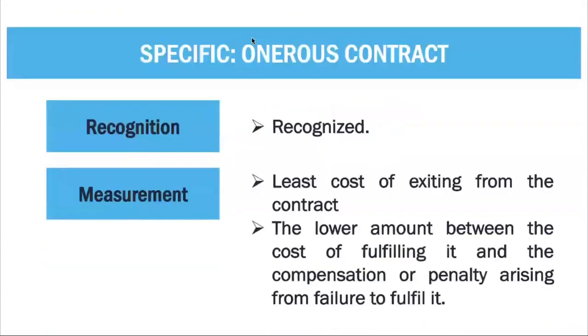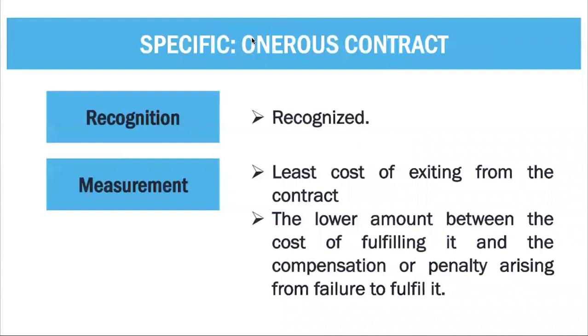Next, onerous contract. What is an onerous contract? It is a contract in which there is a consideration given and you need to perform your end as to that particular consideration or agreement or contract. So here we have an onerous contract. Okay. So we have a contract.